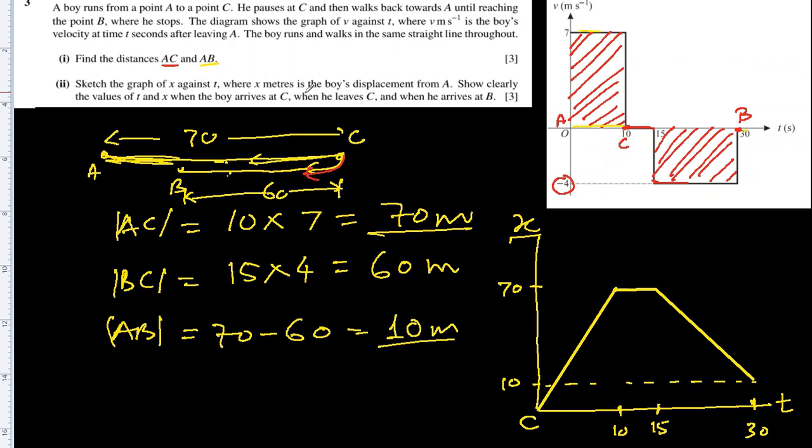Okay, we have done x and t values. Arriving at C, so this is where it arrives at C. And when he arrives at B, so he arrives at B here. So we have clearly shown this on the graph.